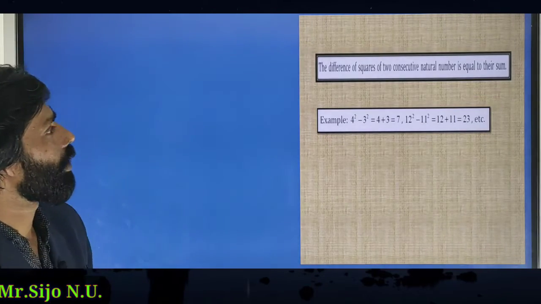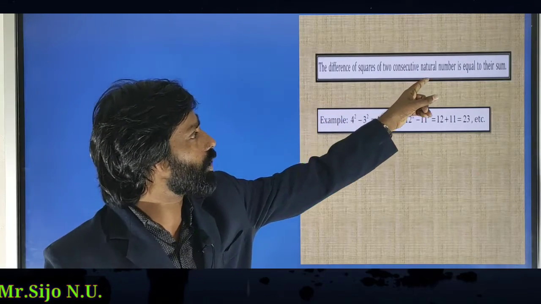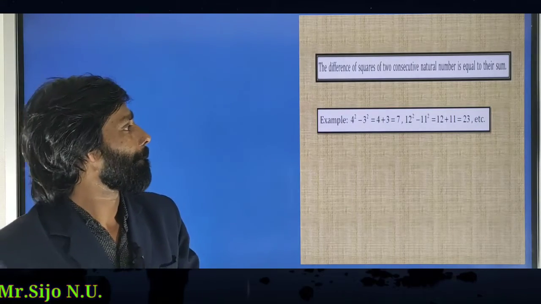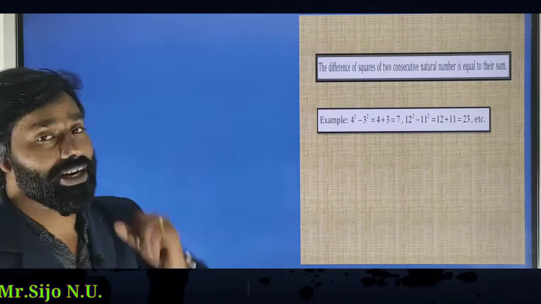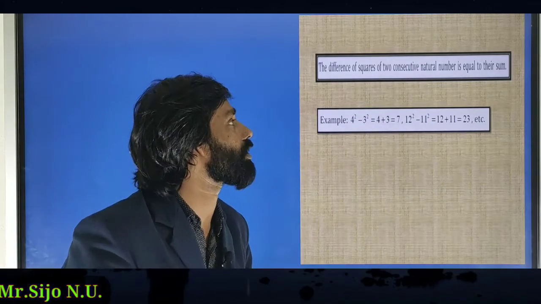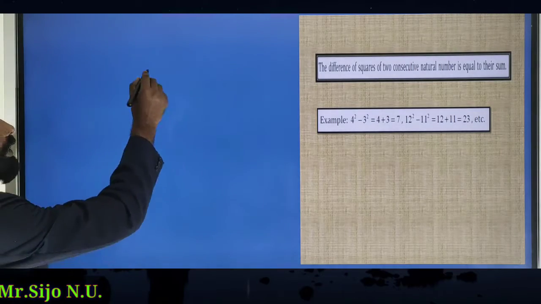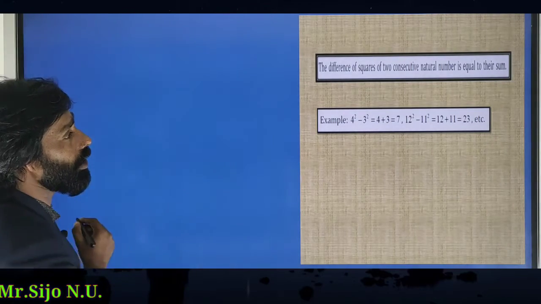Well, let us move to the next section. Here is another property. The difference of squares of two consecutive natural numbers is equal to their sum. What does it mean? To check that, we have to take any two consecutive integers.